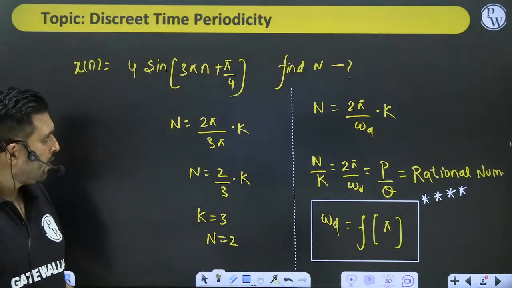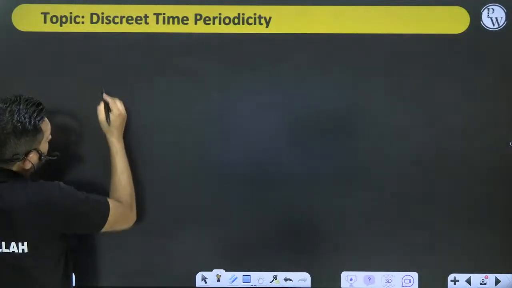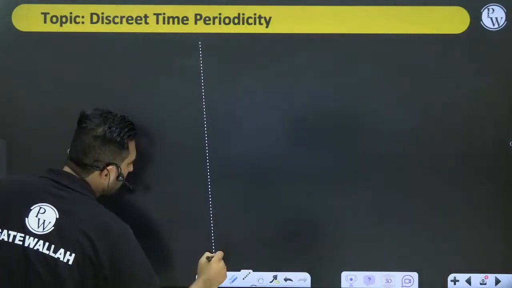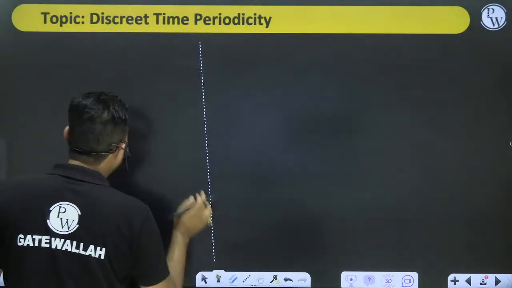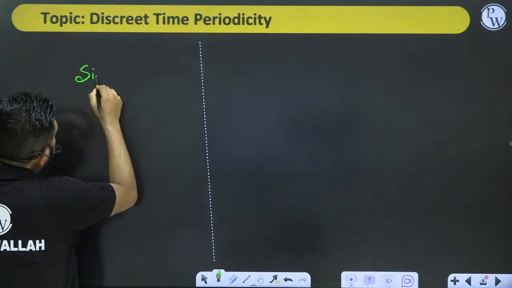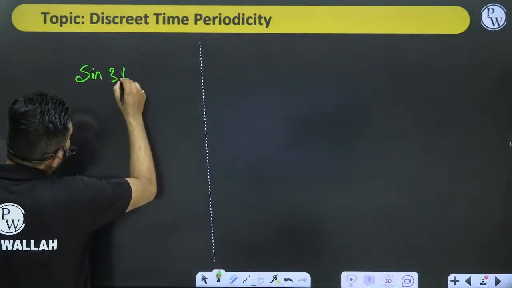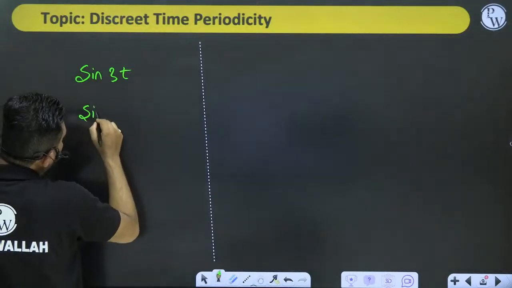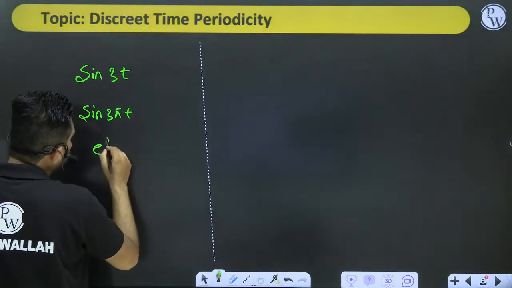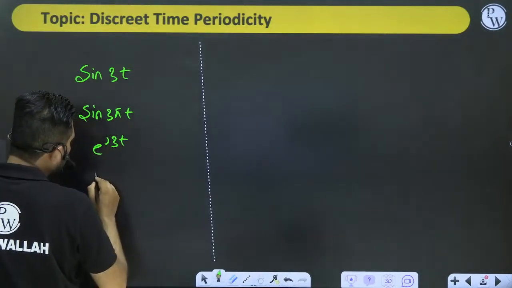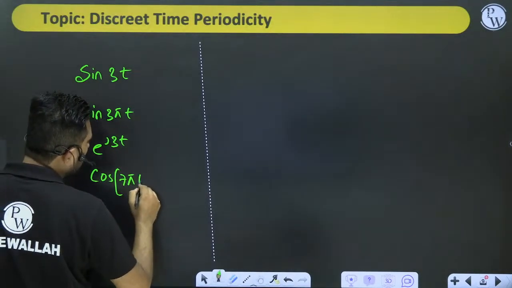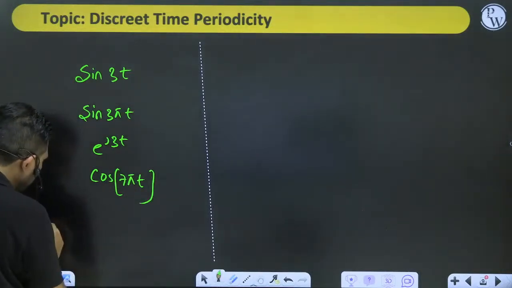See here. If you consider, let's say, sine 3t, sine 3 pi t, e to the power j 3t, cos 7 pi t, they all are periodic.